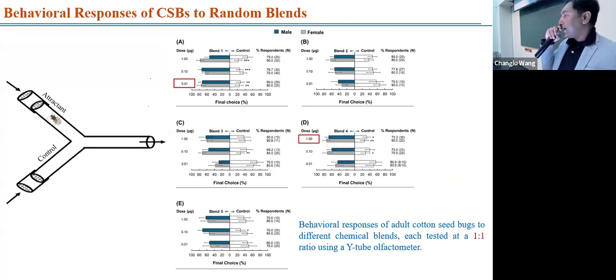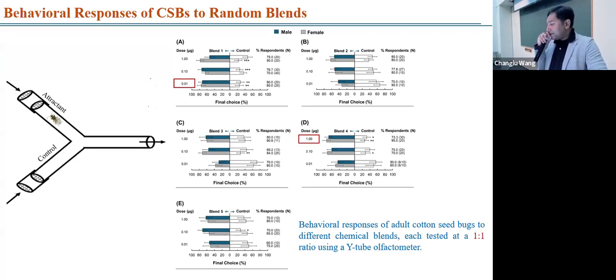We also tried different random blends using a 1:1 ratio with these four compounds. In the figure, A is a blend of four chemical compounds. It also works at the 0.01 microgram dose. In B, we took out one chemical from them, and found no significant difference in either sex. In C, we kept only two compounds, and we also didn't get anything.